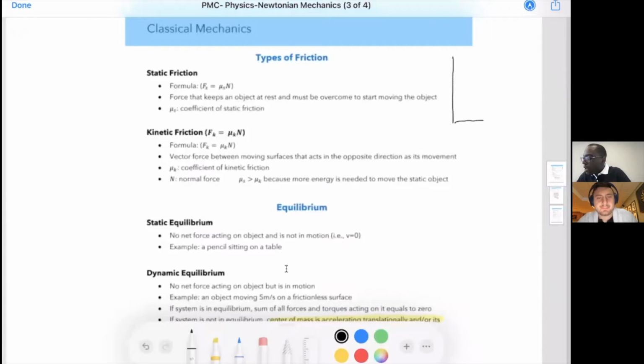So if we have our typical coordinate plane, y-axis here, x-axis here. The x-axis is a function of the magnitude of the force applied. And the y-axis is a measure of frictional force.